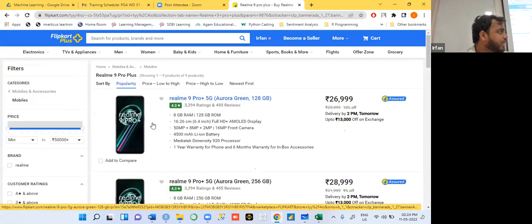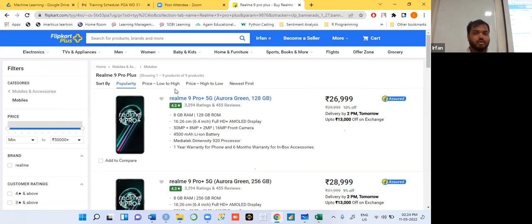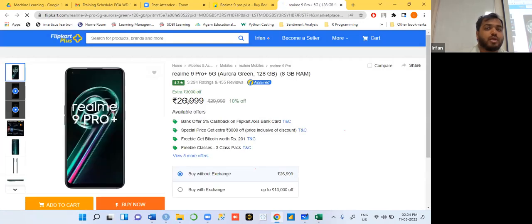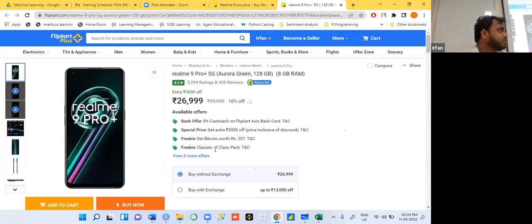Once any customer click on the mobile phone, company thinks that you are going to purchase.